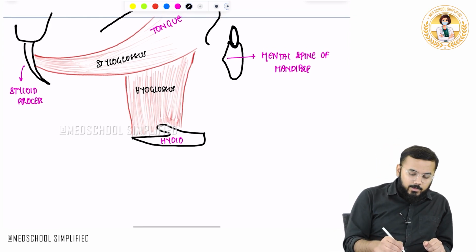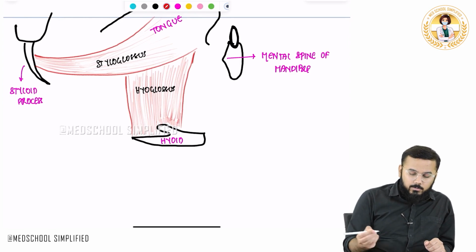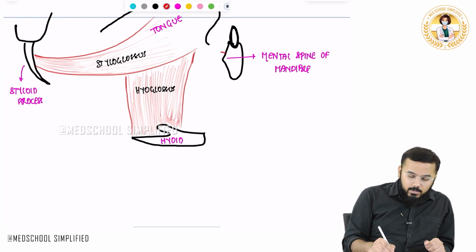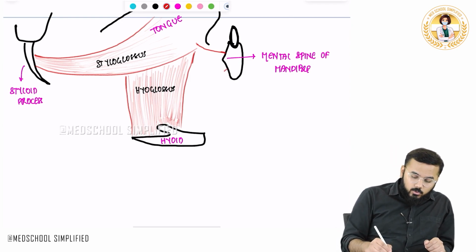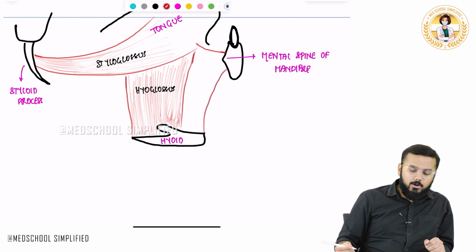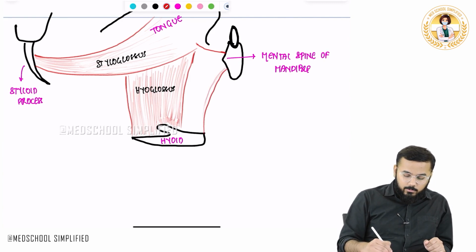Next, all the way from the mental spine. So this one was your mental spine. From the mental spine, the muscle is going and attaching to the lateral surface of the tongue on one side. It is going and attaching to the body of the hyoid bone on the other side. So this is your muscle like this.